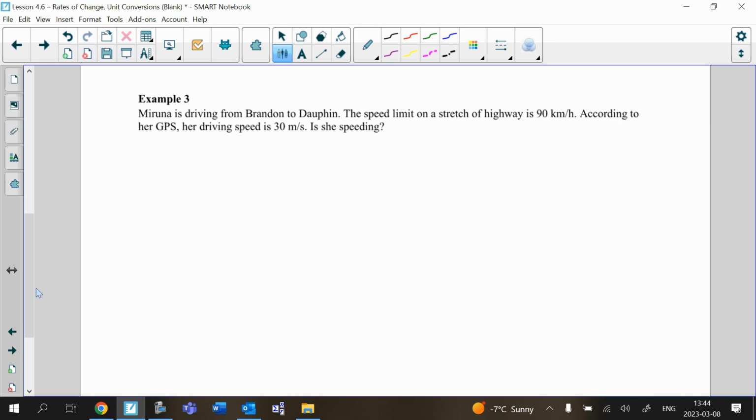So we need to convert 30 meters per 1 second all the way to kilometers per 1 hour. So we're going to have to do some multiplying. So I need to convert seconds to hours and meters to kilometers.